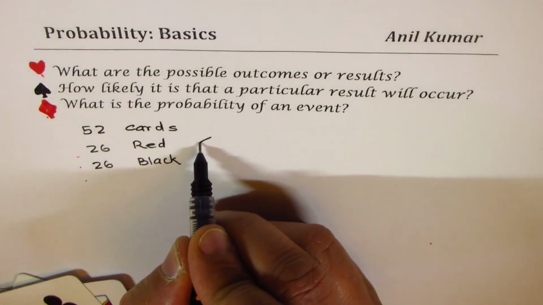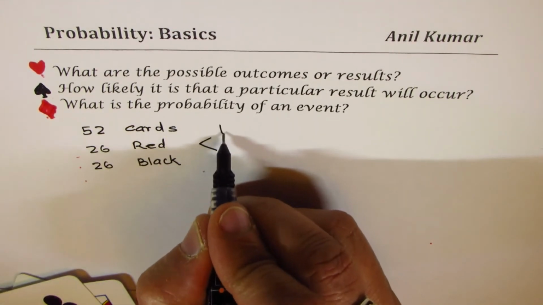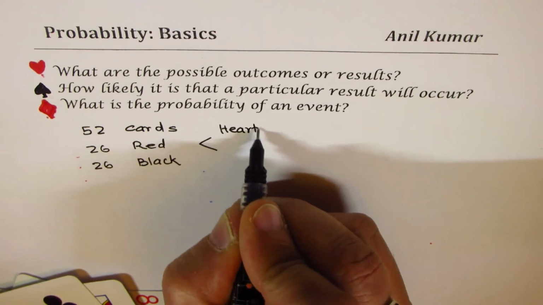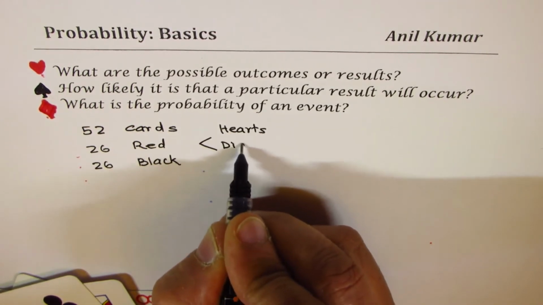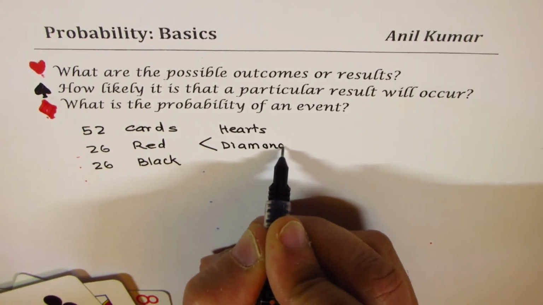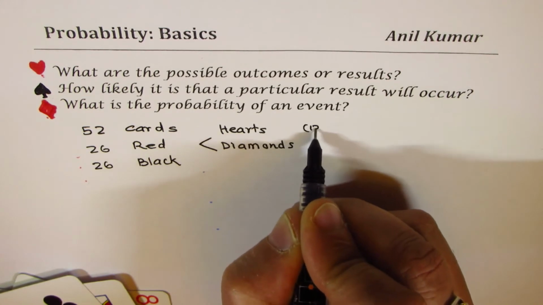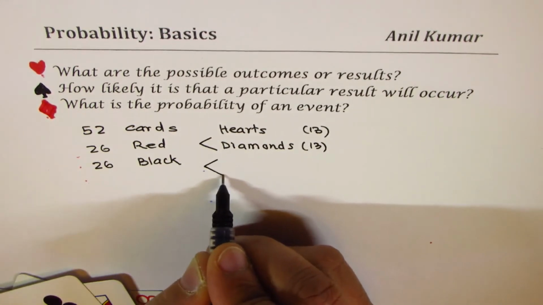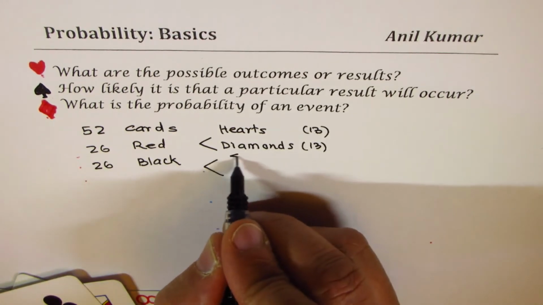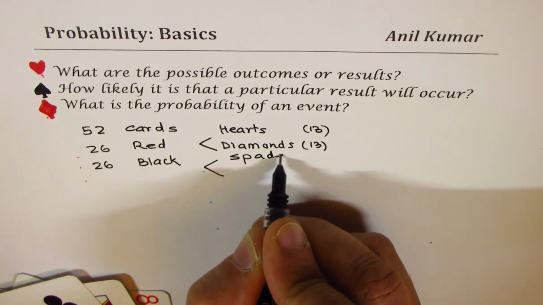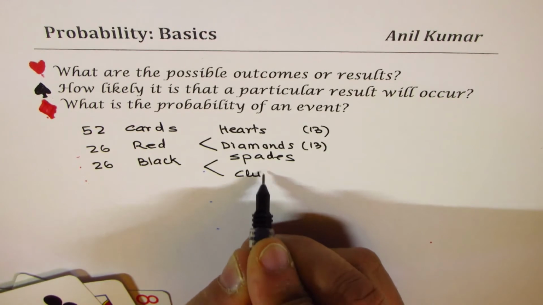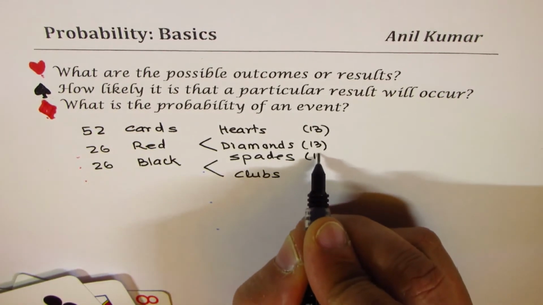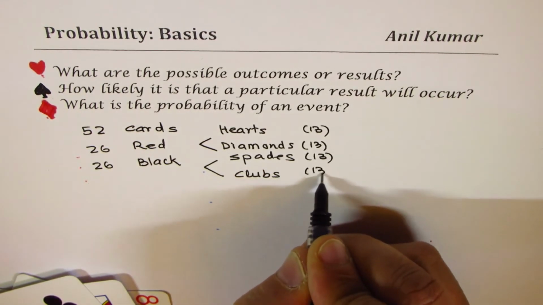We call them hearts or diamonds. They are 13 each. Similarly, for the black cards, we have 2 types, spades and clubs. They're also 13 each.